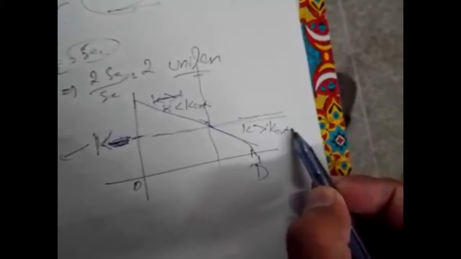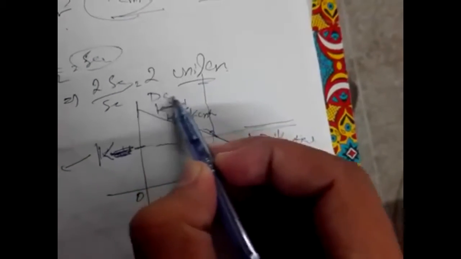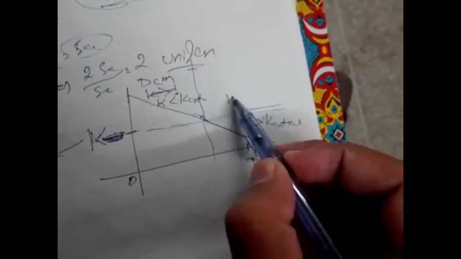It is constant, and the critical value of K depends upon the duty cycle, so K critical varies with duty cycle. So here K is less than K critical, and in this portion K is greater than K critical. So here it operates in DCM, and here it operates in CCM.